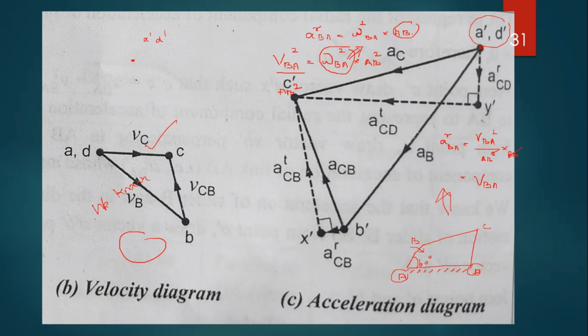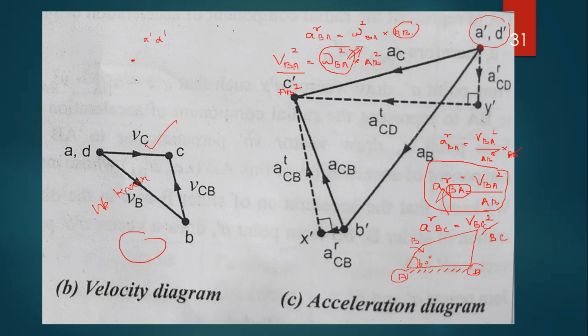Velocity of BA squared divided by the length of the link AB is equal to acceleration of radial component of BA. So, this is the final formula to find the acceleration of the corresponding link. Whereas for link BC, acceleration of radial component of BC is equal to velocity of BC squared divided by the length of the link BC, right. This is the formula.